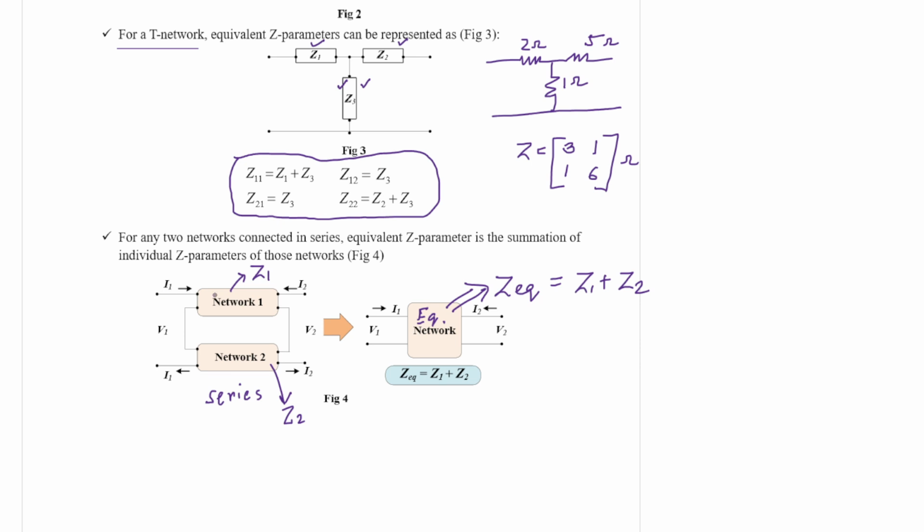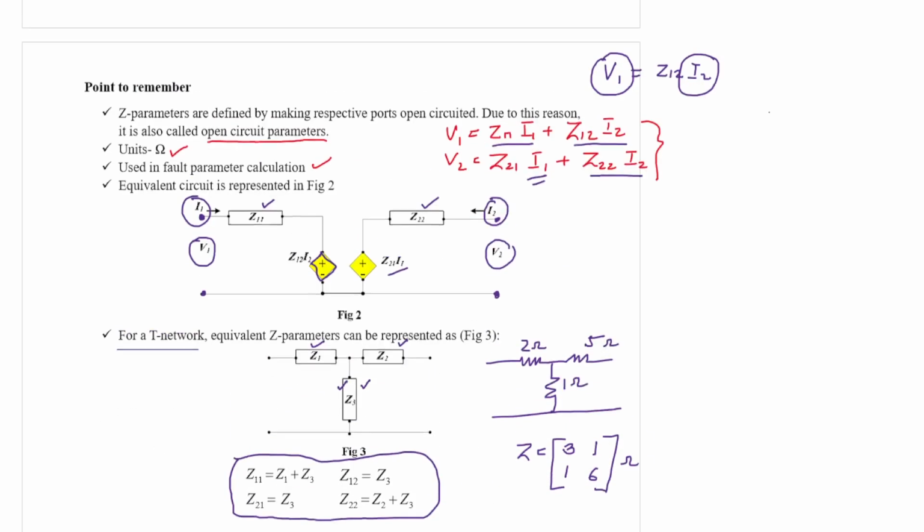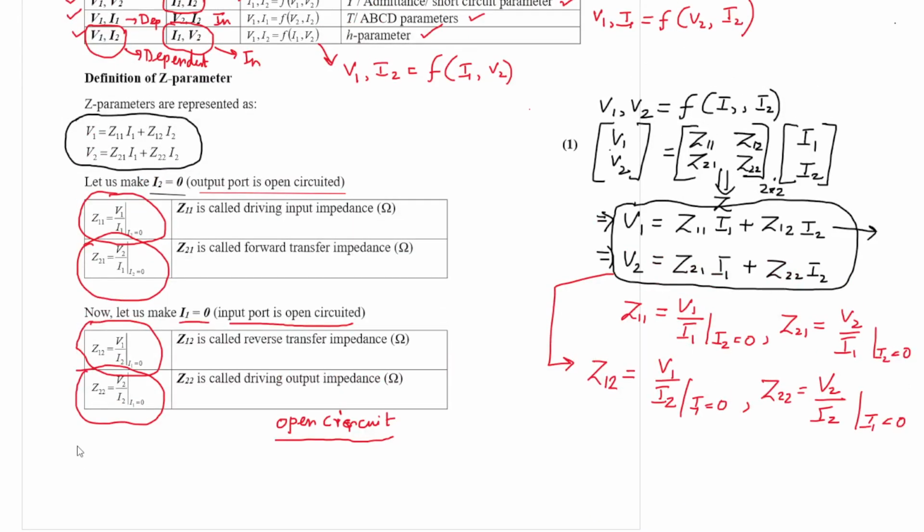Z1 is the impedance parameter of network 1 and Z2 is the impedance parameter of network 2. So this is the rule. You can straight away follow this relation if you encounter two networks connected in series.